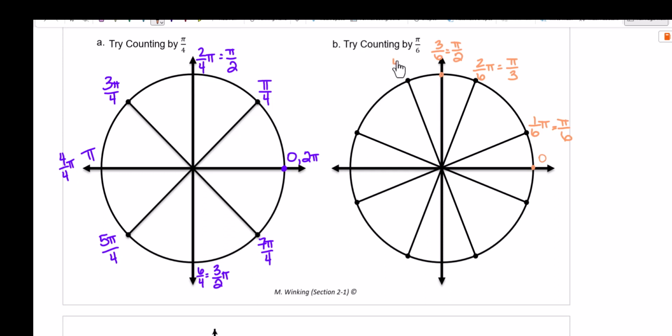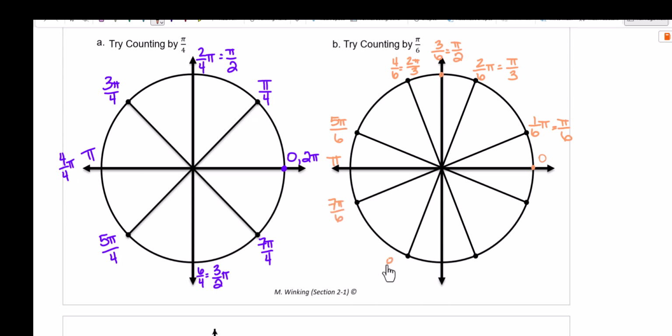Now I have 4 over 6, or this is 2 pi thirds. Then I have 5 pi over 6. Here is 6 over 6, or I could just say pi. So see again, pi and pi, it doesn't matter how I count. Pi radians is 1/2 of a circle. Here, this would be 7 pi over 6.